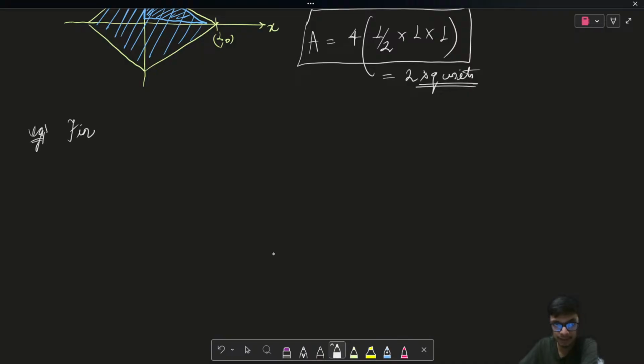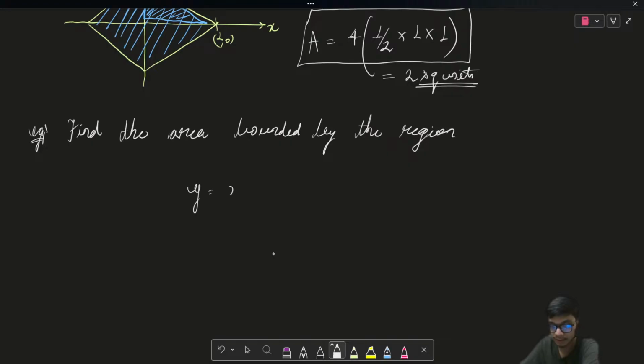The question is: find the area bounded by the region y is equal to x square and y is equal to 2 upon 1 plus x square.